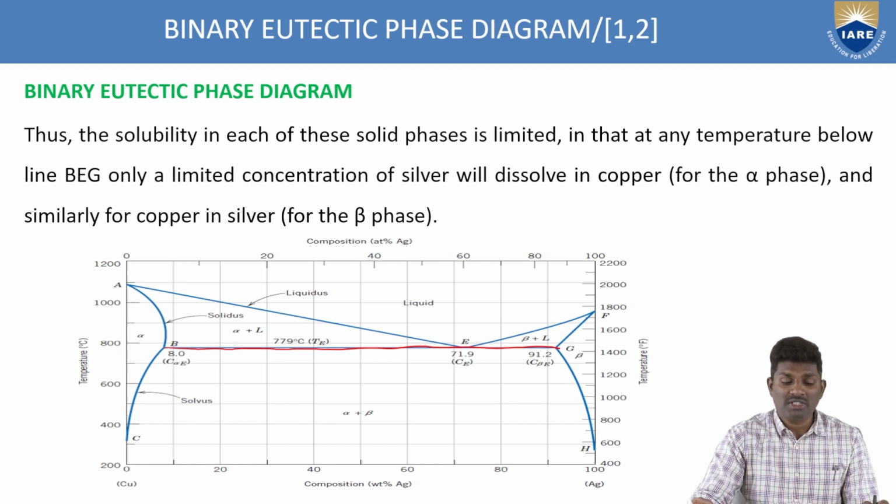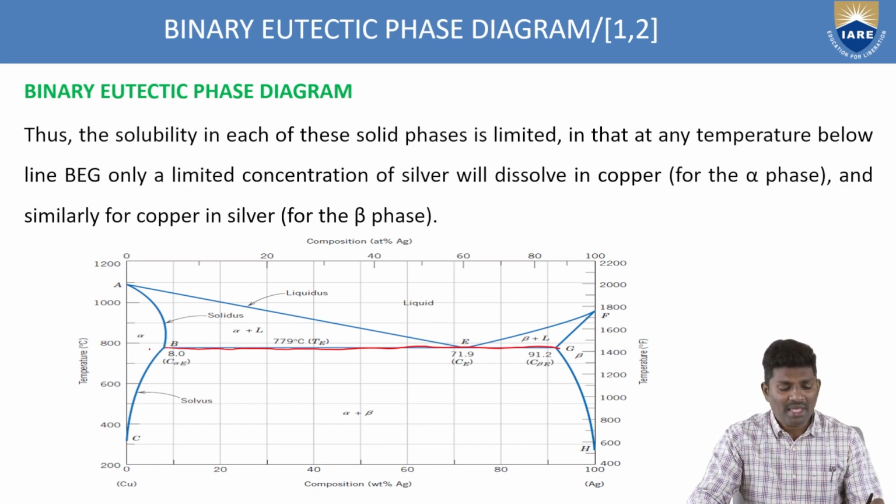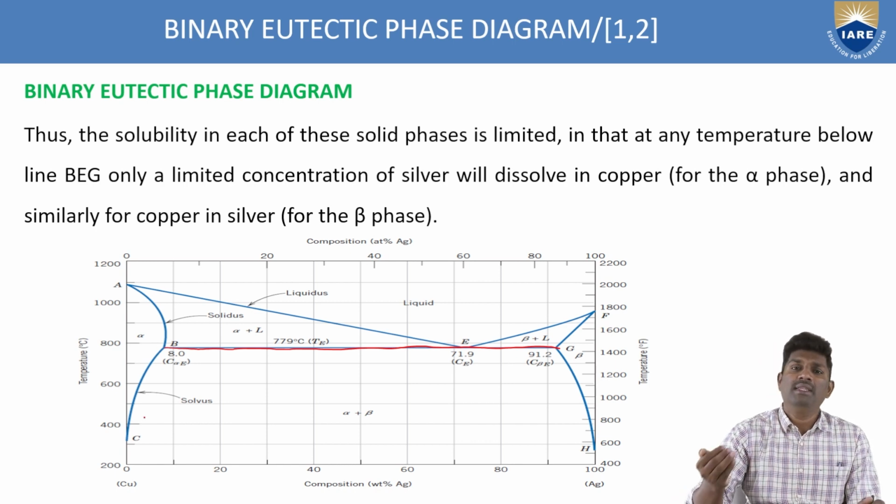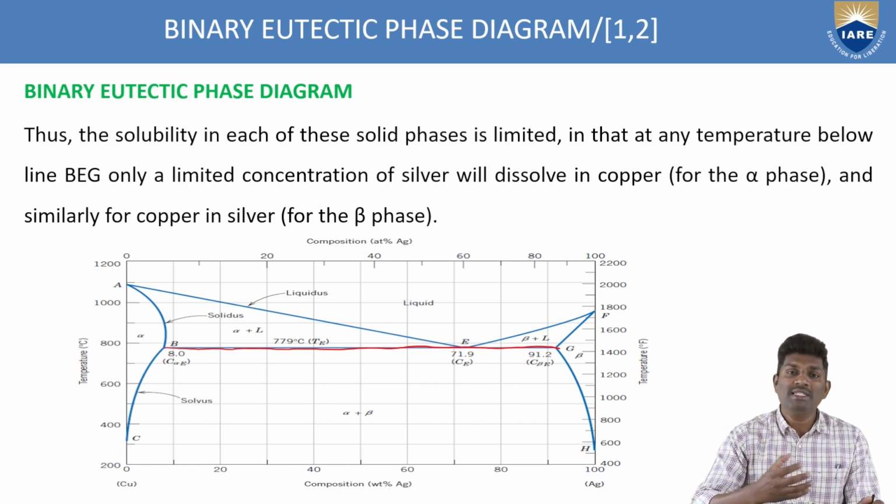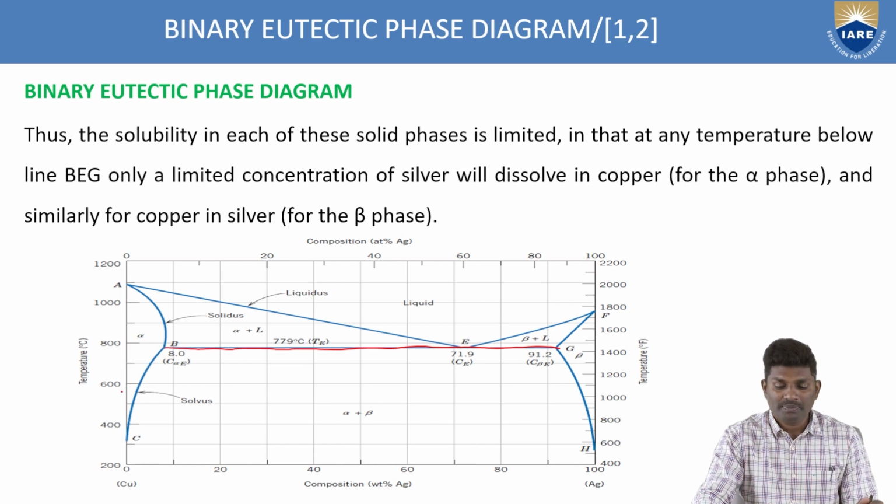Only a limited concentration of silver is dissolved in the copper. So a very, very limited amount of silver is dissolved in the copper. Why? Because you have a high percentage of copper in this and very little silver is being dissolved in this copper. And similarly, the same thing, the copper in silver, is the reverse case.